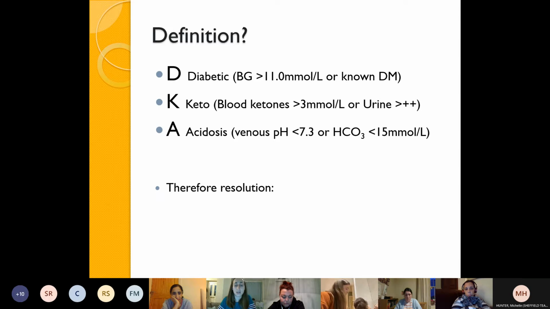By those criteria, you'd think that the diagnosis of resolution would just be the opposite of that, but it's not quite. Does anyone know how we diagnose resolution of DKA? So when can we be happy that we can stop the treatment and that they're out of DKA?